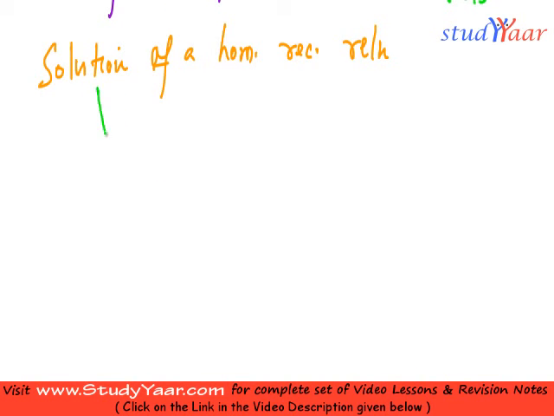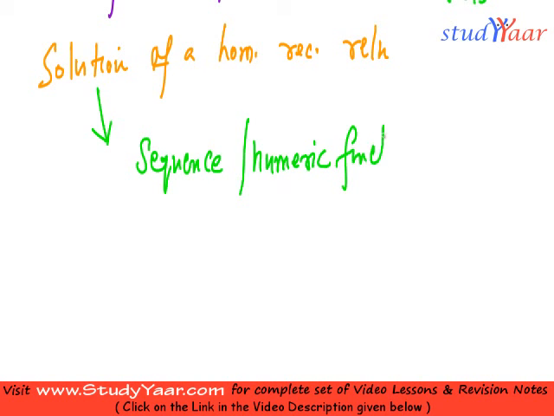The solution of a homogeneous recurrence relation is the sequence, or some function which determines the sequence. That function is also known as a numeric function. So the solution of the sequence is going to be your numeric function that determines your sequence.